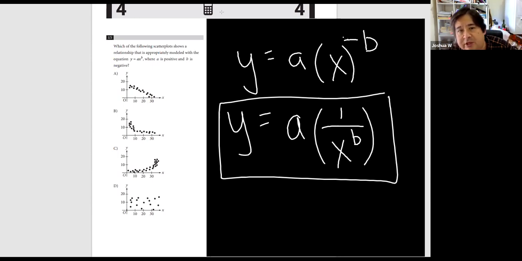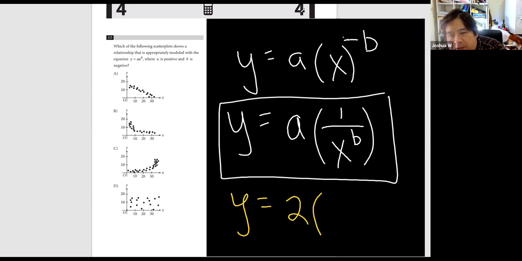So what we can do is y equals 2 times x to the negative 3. Mathematically, that'll be the same as y equals 2 times 1 over x cubed.